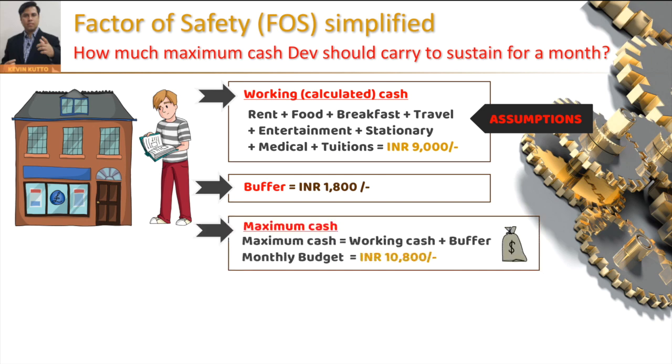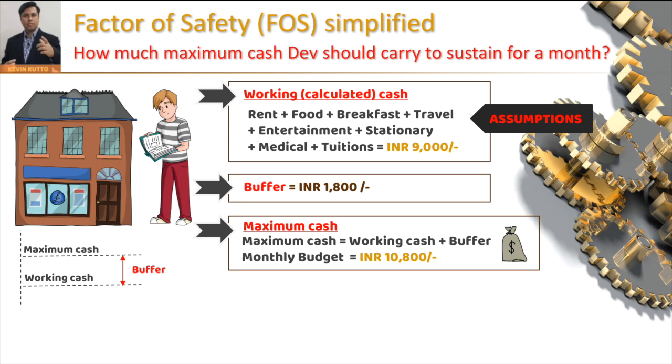Maximum cash is the amount which he is going to carry with him, and it includes working cash plus buffer amount. Now if I have to represent it in a graphical way, we can always say that maximum cash will always be more than working cash with the addition of buffer. The more the buffer, or the more the difference between working cash and maximum cash, the safer he will be. He will not run out of money.